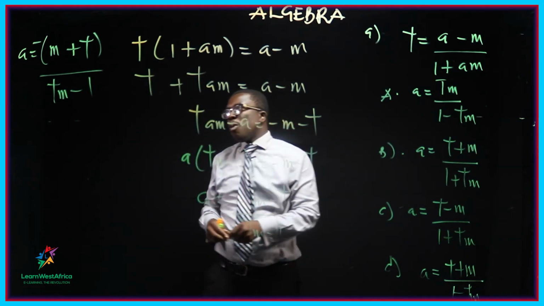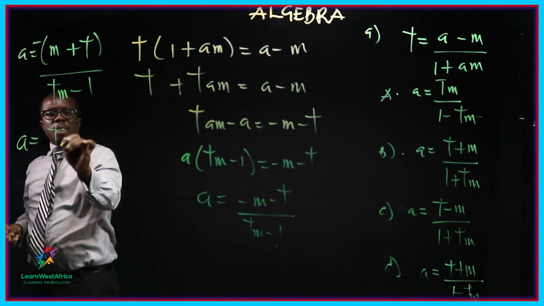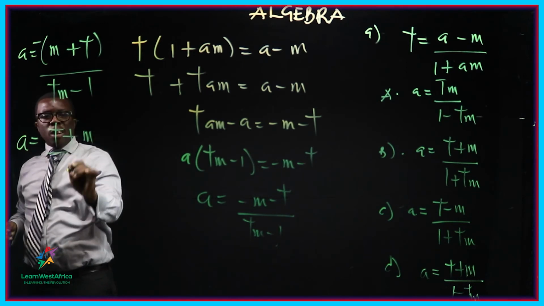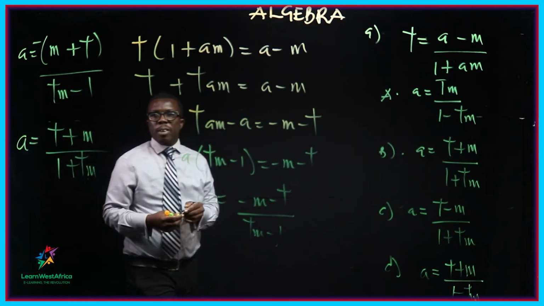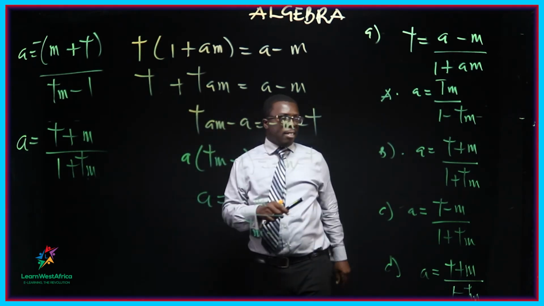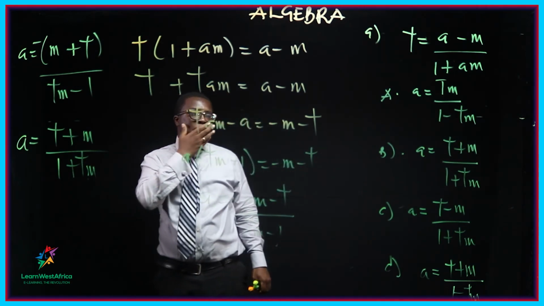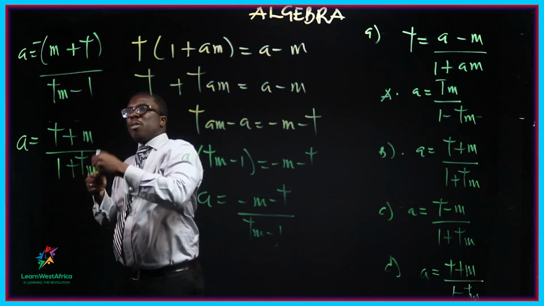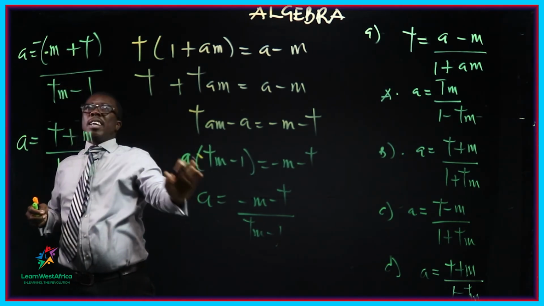So your a can give you t plus m all over minus 1 plus tm. Now we minus one, so the negative comes into the denominator.